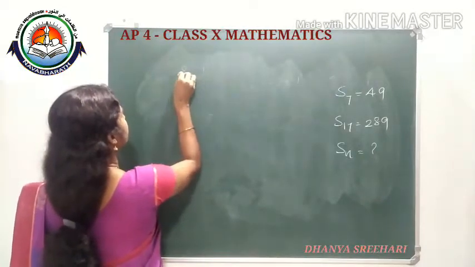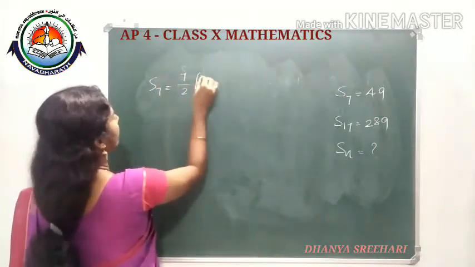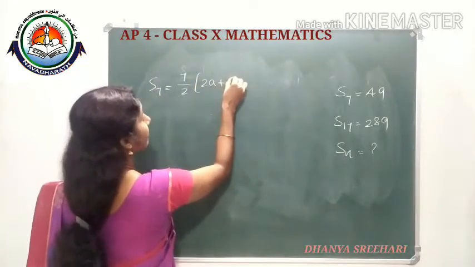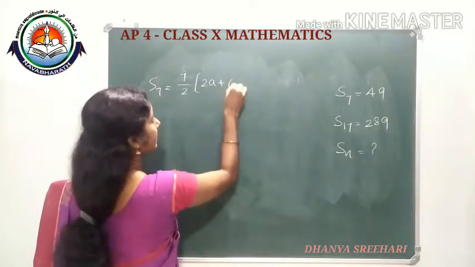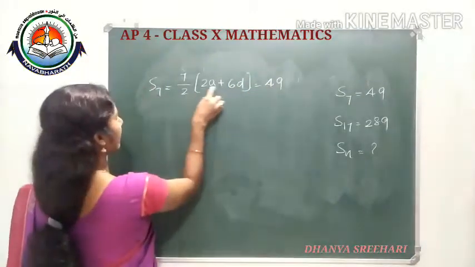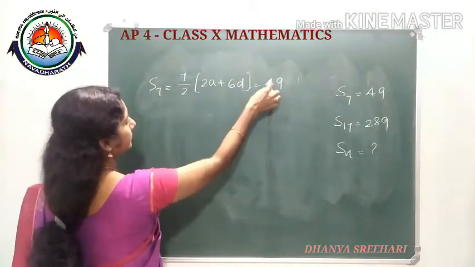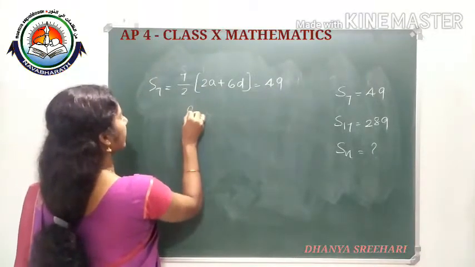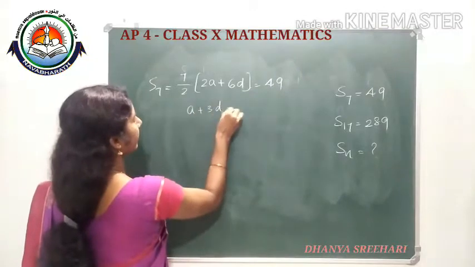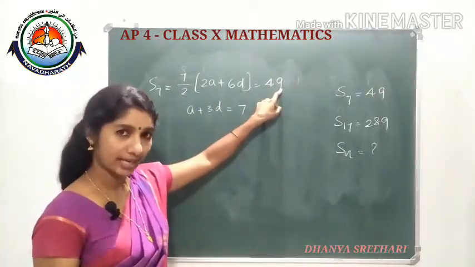S7 is equal to 7 by 2 into 2a plus n minus 1, so 7 minus 1, 6d, is given 49. 2 is a common factor here, so I am going to cancel 2 in the next step and 7 cancels from here. So finally we are getting a plus 3d equal to 7. Okay, 7 is a common factor on both sides, I cancelled.